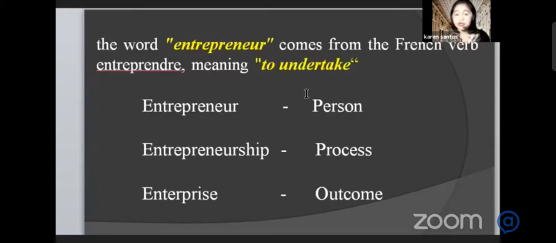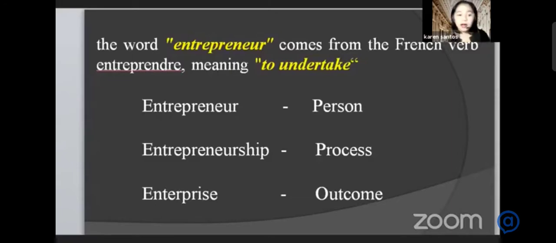Entrepreneurship is the process, and enterprise is the outcome. So entrepreneurship is the capacity and willingness to develop, organize, and manage a business venture along with any of its risks to make a profit. So you have to be willing to take the risk.